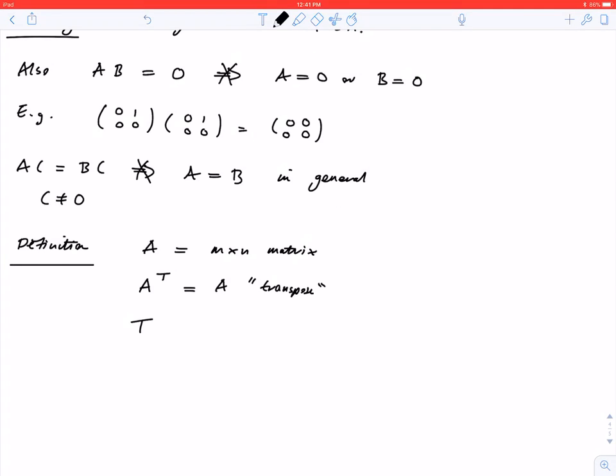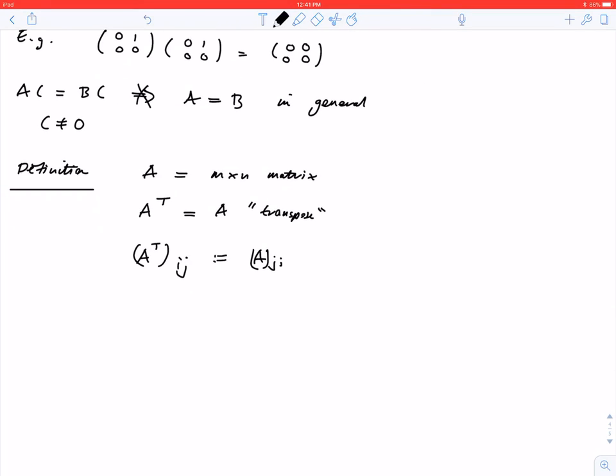The definition is I need to tell you what the ijth entries are. I define the ijth entry of the transpose to be the jith entry of your matrix. So you kind of flip the indices. As a quick example, it's a strange operation, because it doesn't have anything obvious to do with linear transformations.